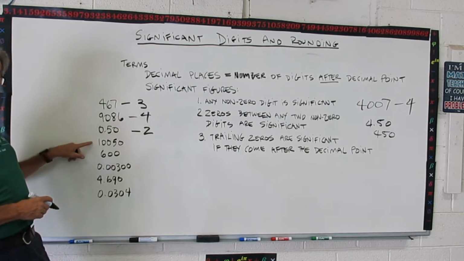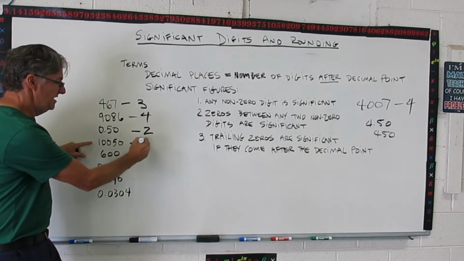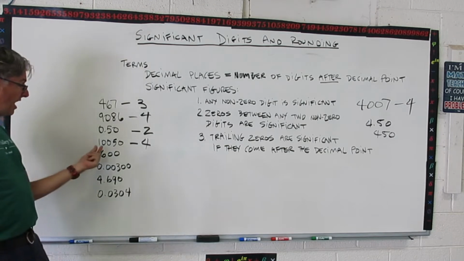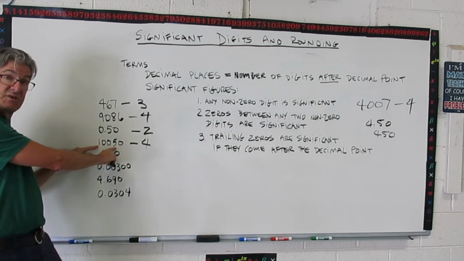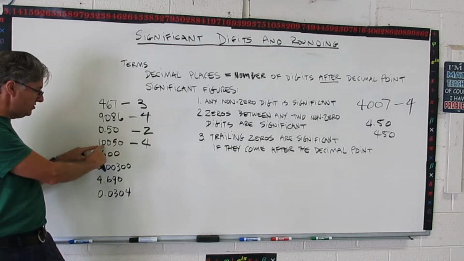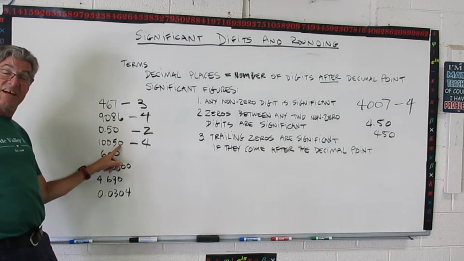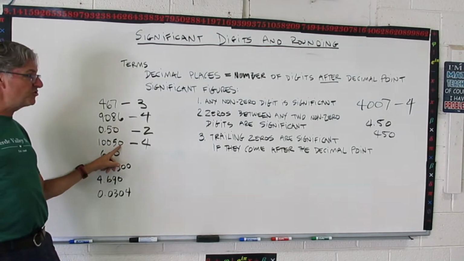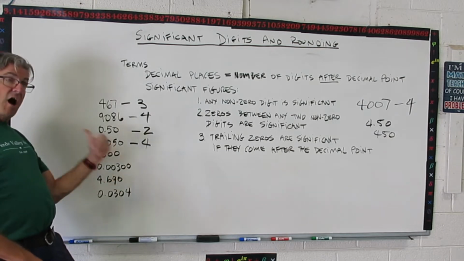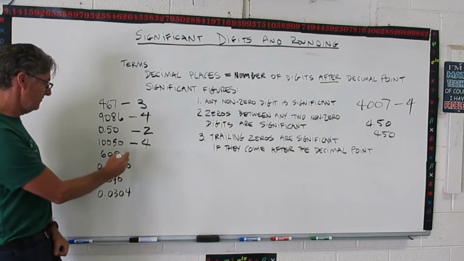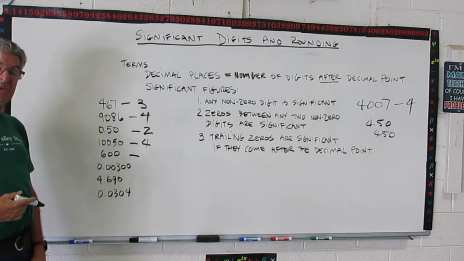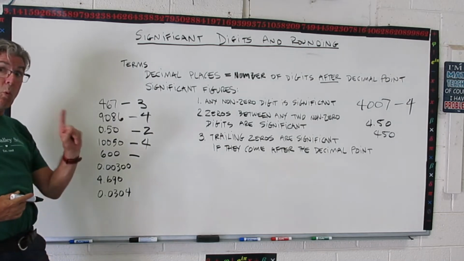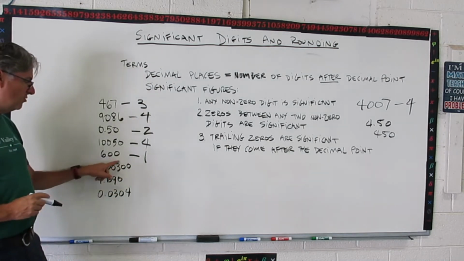Okay, how about this one? What do you think? This one has 4. I have 2 zeros that are in between the non-zero numbers, so that's 1, 2, 3, 4. This is a trailing 0. There's no rule about a trailing 0 when it's not to the right of the decimal, so that one's 4. How about 600? That's 1. The zeros don't count.